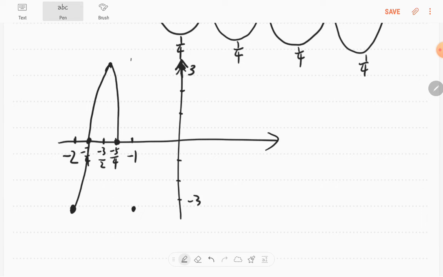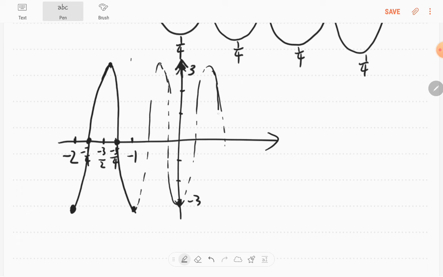Here should be a smooth curve. So this is the graph.